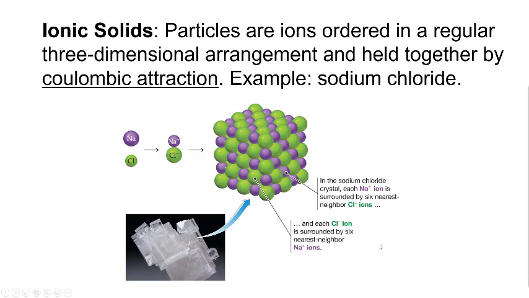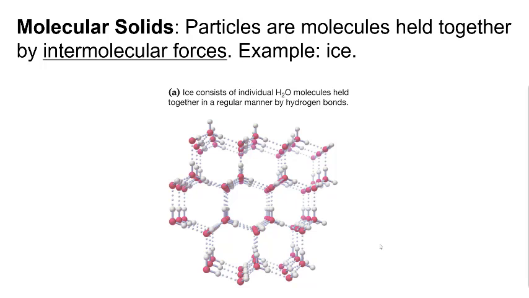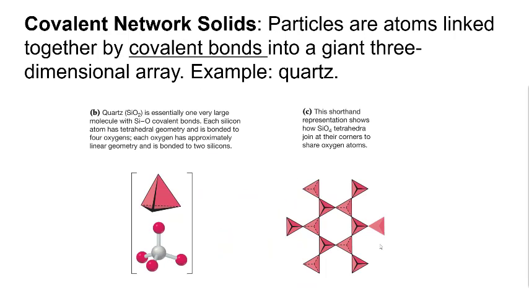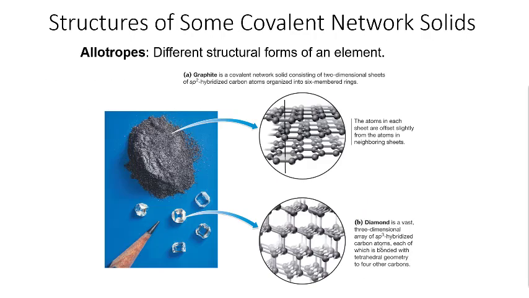So instead of being held together by Coulombic attraction for ionic solids or intermolecular forces for molecular solids, these covalent network solids are a giant structure where everything is held together by actual covalent bonds.